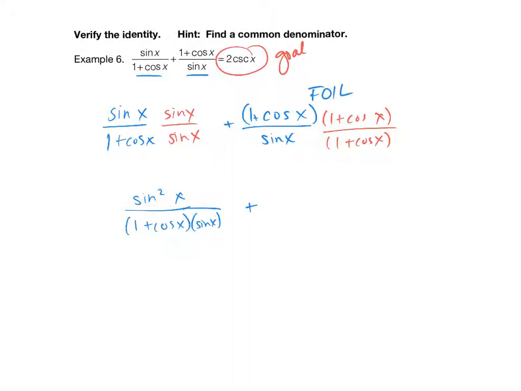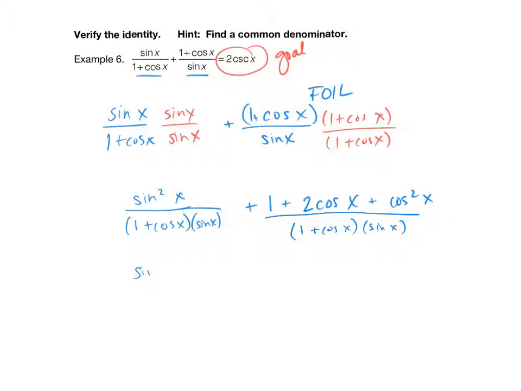So my first is 1, so 1 squared is 1, and then I have outer is 1 times cosine x, and then the inner is cosine x, so I have 2 cosine x, and then the last is plus cosine squared x, all over that same denominator, 1 plus cosine x times sine x. I now have 2 fractions with common denominators. I can add the whole thing.